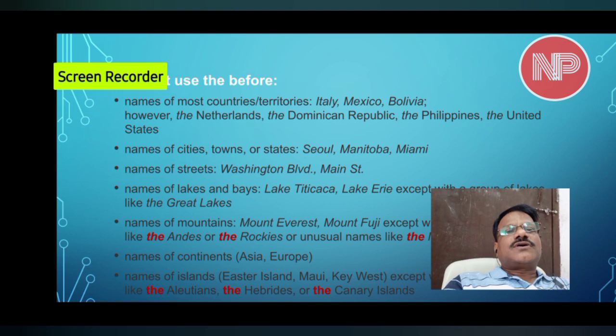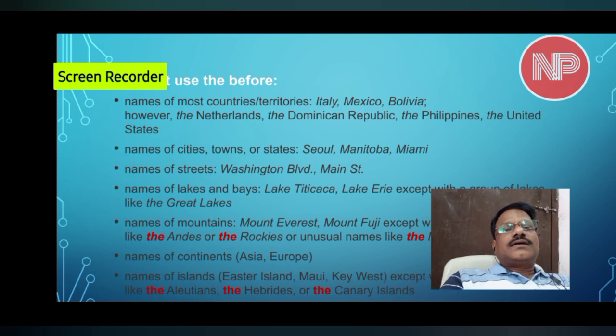In the above example, we saw both types of differences while taking names of countries, sometimes we don't use an article and sometimes we do. How? The Netherlands. But if you want to mention just the name of that country, Netherlands, that's okay. But with the Netherlands, you want to say something about it, or you have described something about the Netherlands before, or you want to emphasize something regarding the Netherlands.